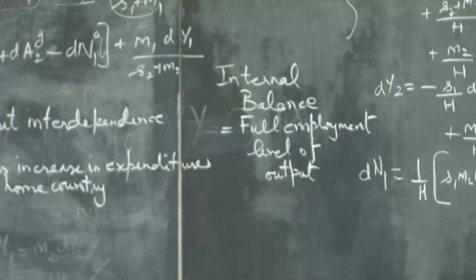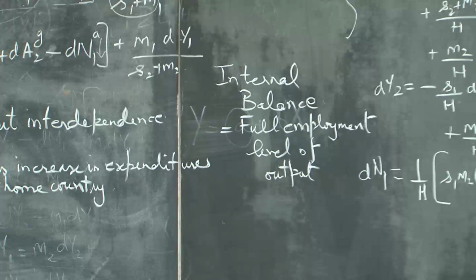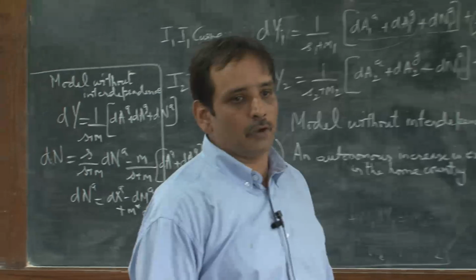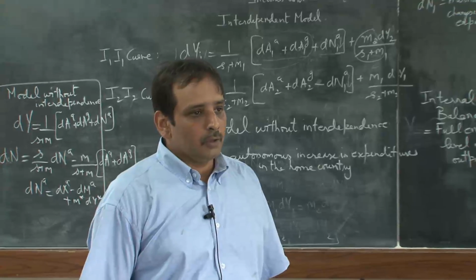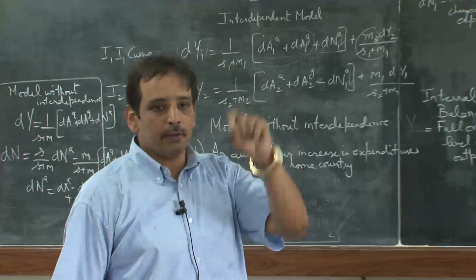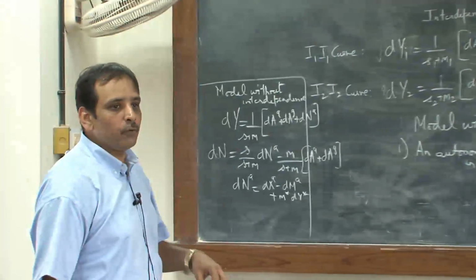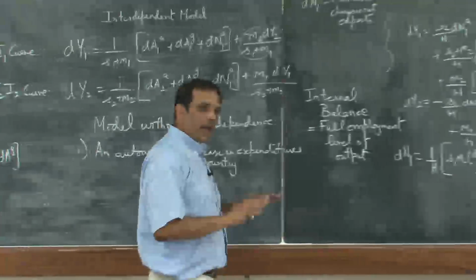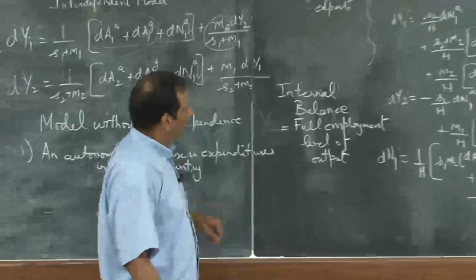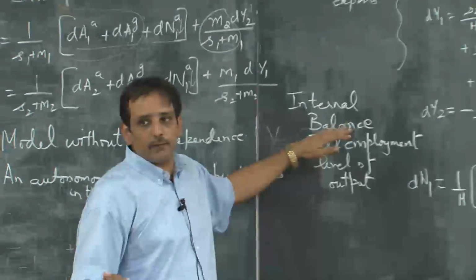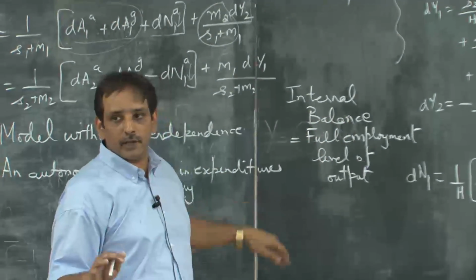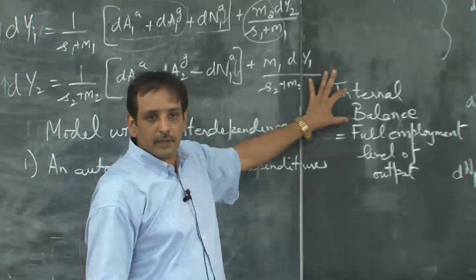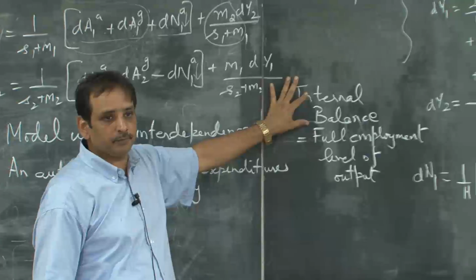If the output falls below the full employment level of output, you would see unemployment in the economy. So this is one point wherein all people who wish to work get employed. You have price stability, but anything beyond this would lead to inflation, anything below this would lead to unemployment in the economy. This is called the internal balance.